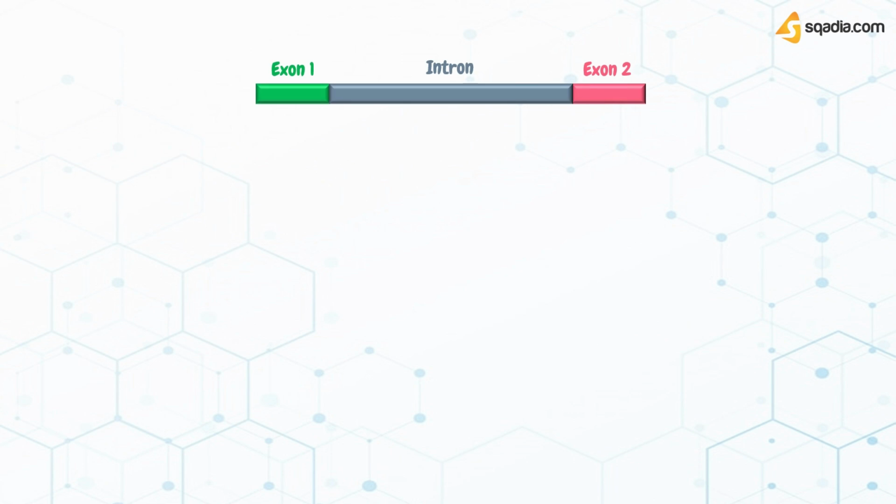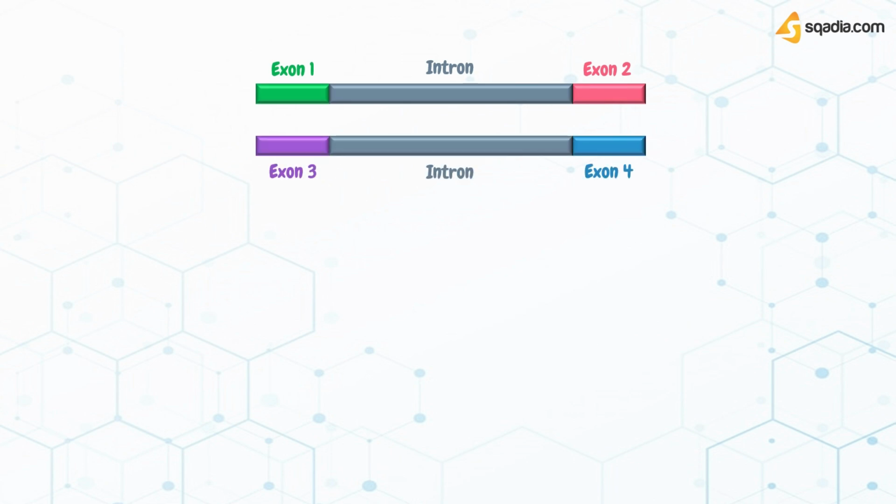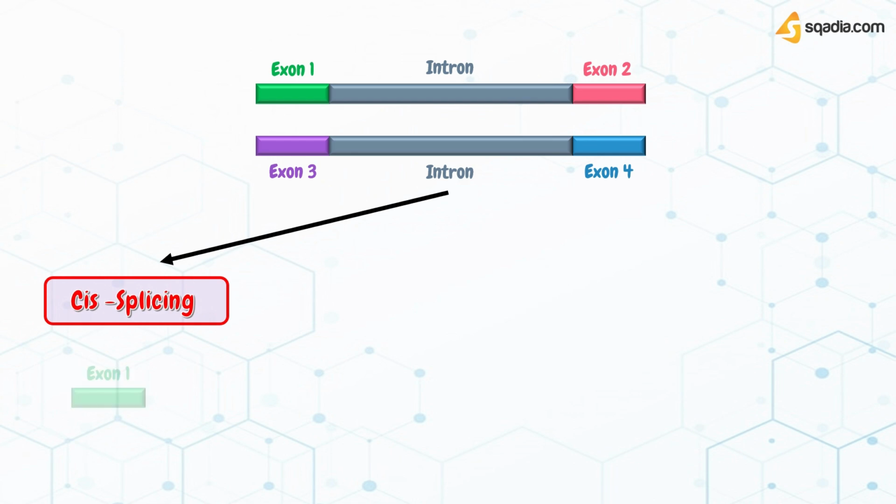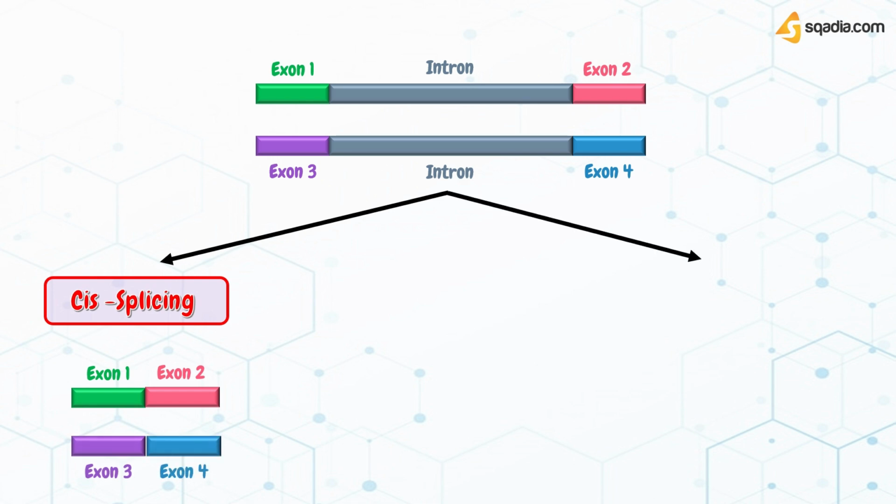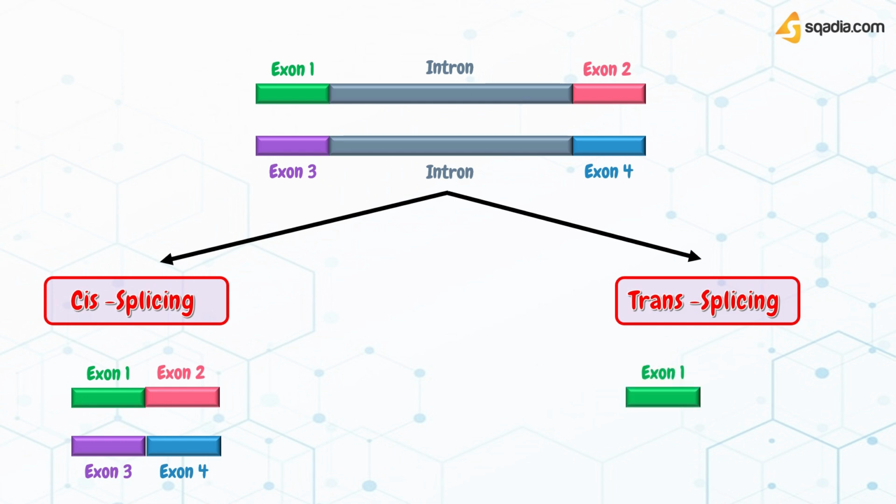Consider 2 RNA molecules in cis-splicing. Exon 1 joins exon 2, while exon 3 joins exon 4. But in trans-splicing, exon 1 from one RNA molecule joins exon 4 from the other RNA molecule.